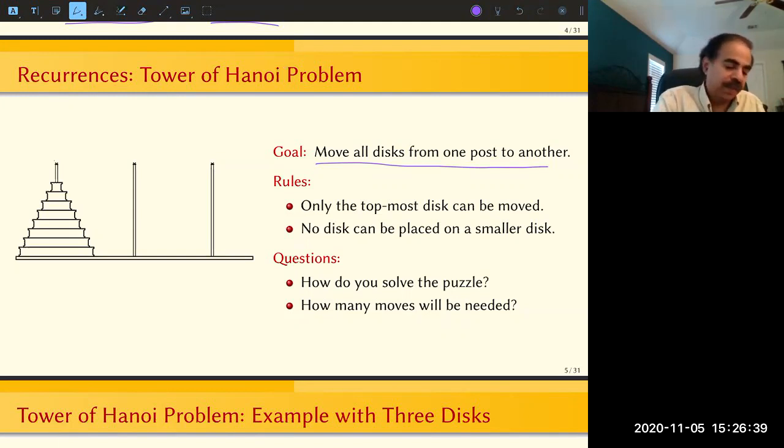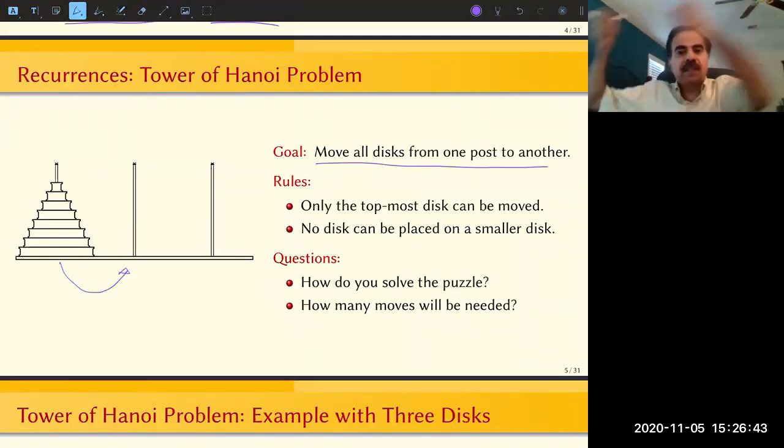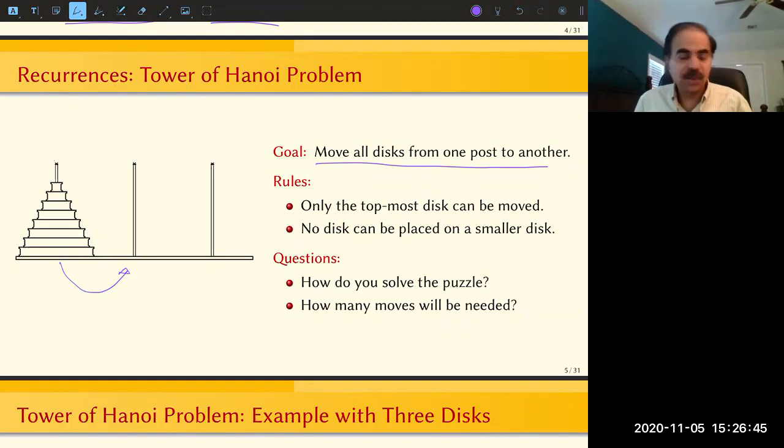So you want to move everything from here to here, but you can't just pick it up and move it there. You have two rules, right? The first rule says that only the topmost disk can be moved, right? So the disks have to be moved one at a time, right? The story is that these are all made of gold, so you can't possibly lift more than one disk at a time, okay?